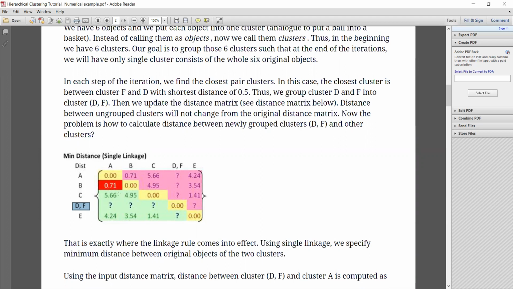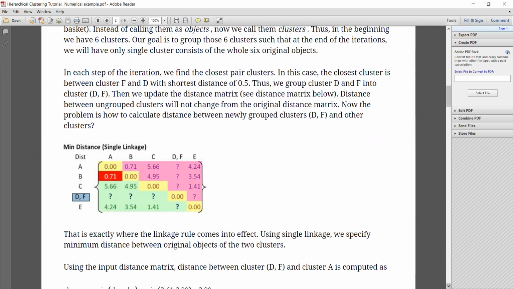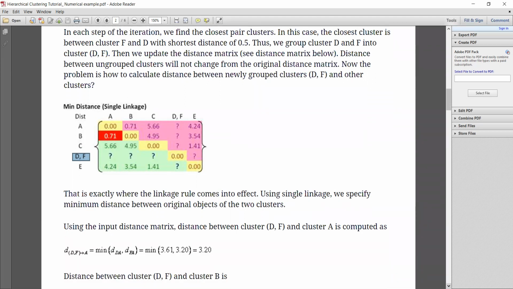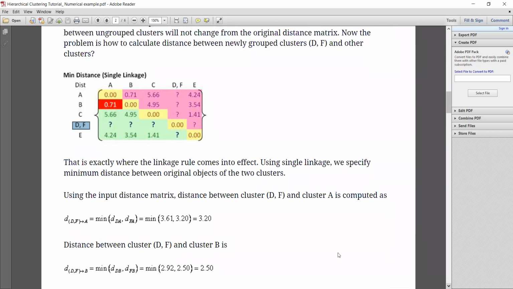The distance between the DF cluster and the A cluster is given by the single linkage method. So what is the single linkage method here? We calculate the distance between the DF and A clusters as the minimum of the distance between D and A and the distance between F and A.